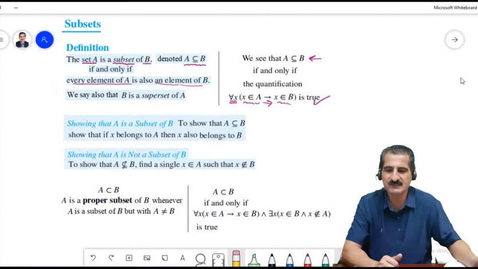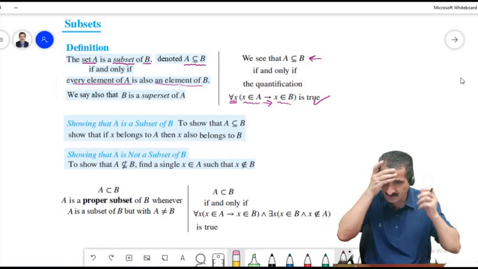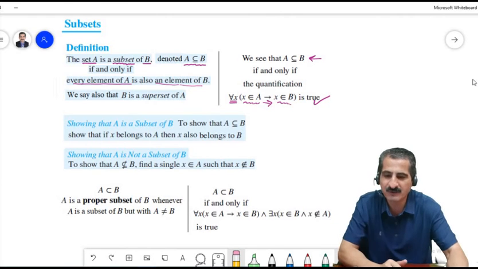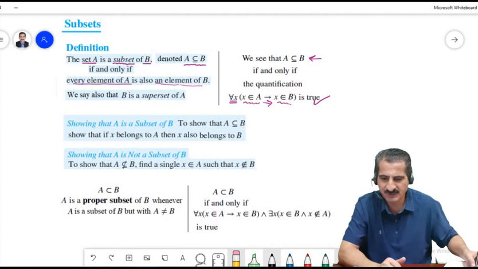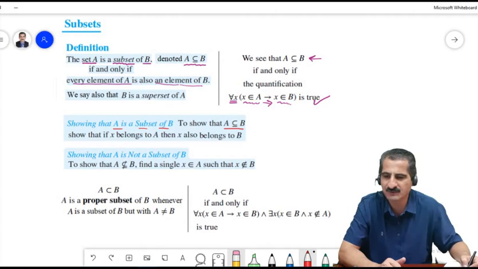This is writing the meaning of subset using quantifiers. To test that A is a subset of B, we show that if x belongs to A, then x belongs to B.